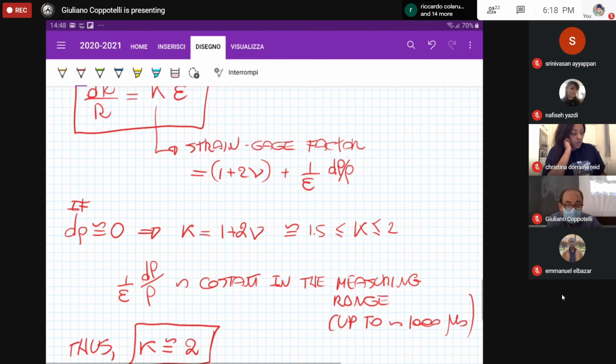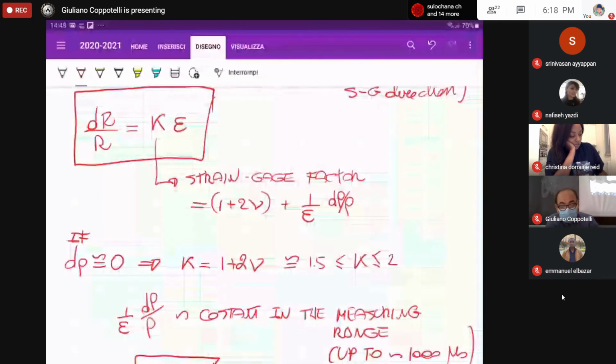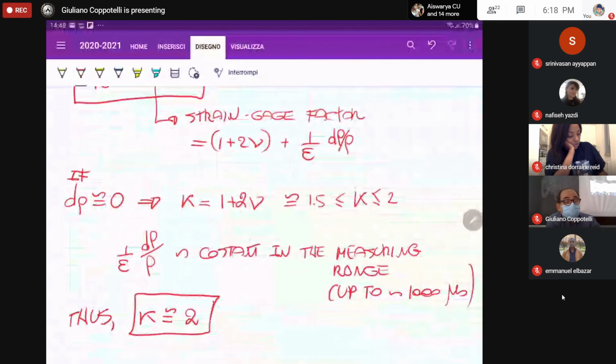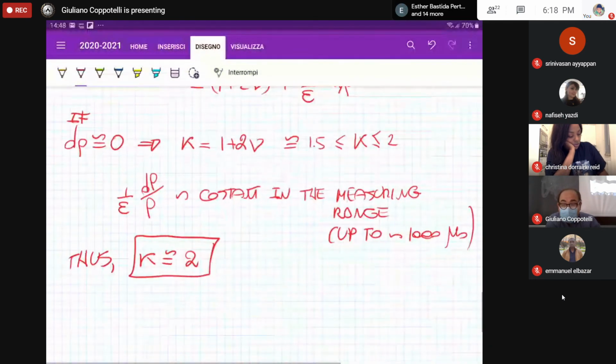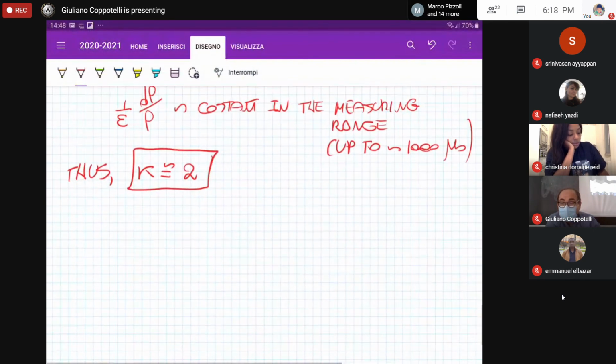Because of course I can't say what the ratio is between 1 over epsilon and d rho over rho. So we have to estimate the value of K from the experimental activity. There are many approaches. I would like just to show you one among them.